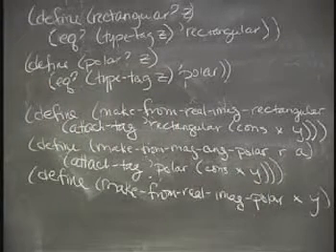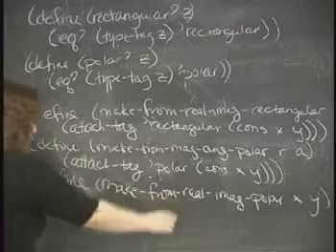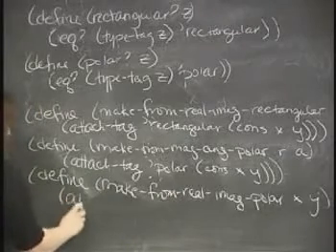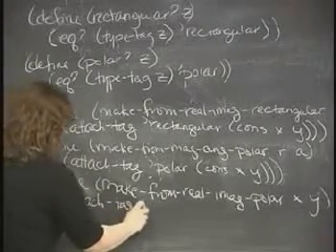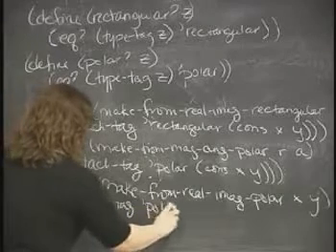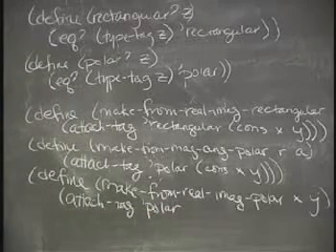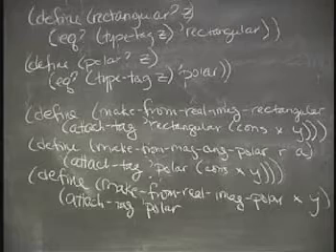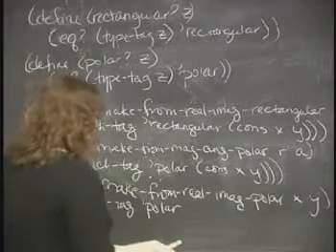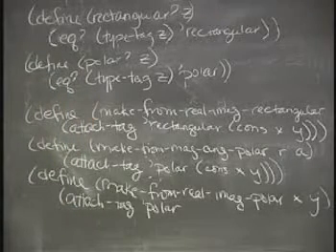Okay, so here we're making a polar number, so the tag we'll attach is polar. Okay, now we're going to cons two things together, but we've got x and y, and we need r and a.